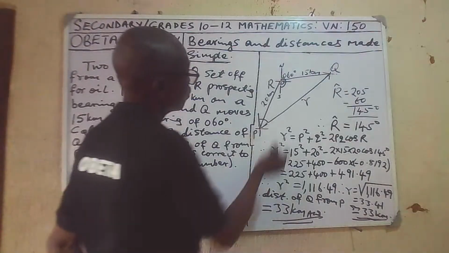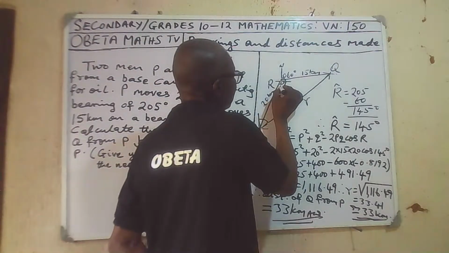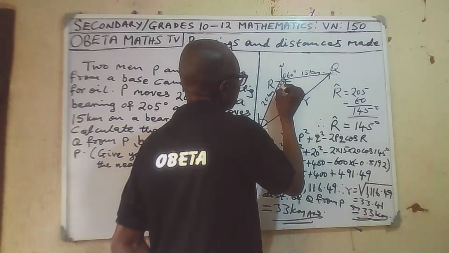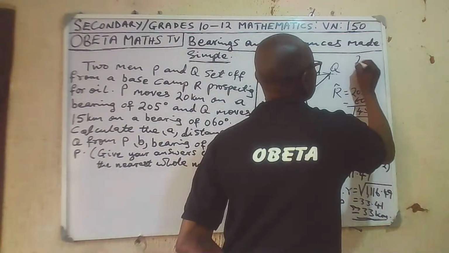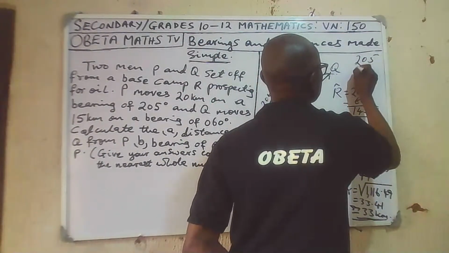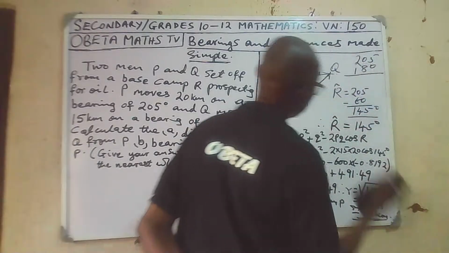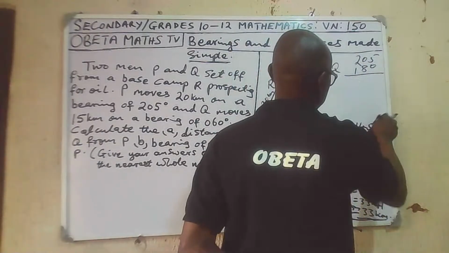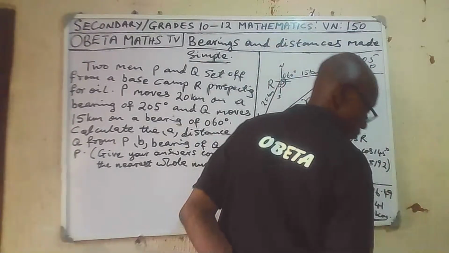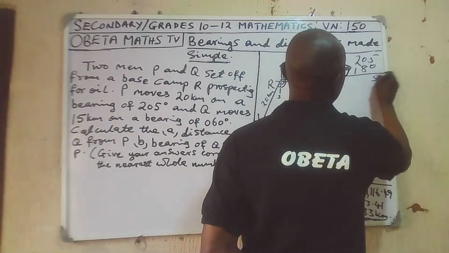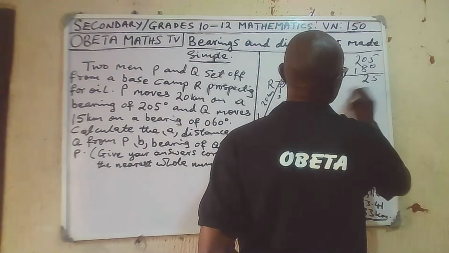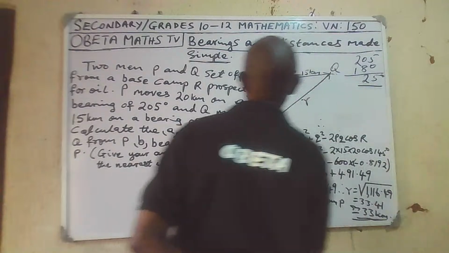So we have to subtract 180 from 205 to get this small angle. That means 205 minus 180 will give us 25 degrees.